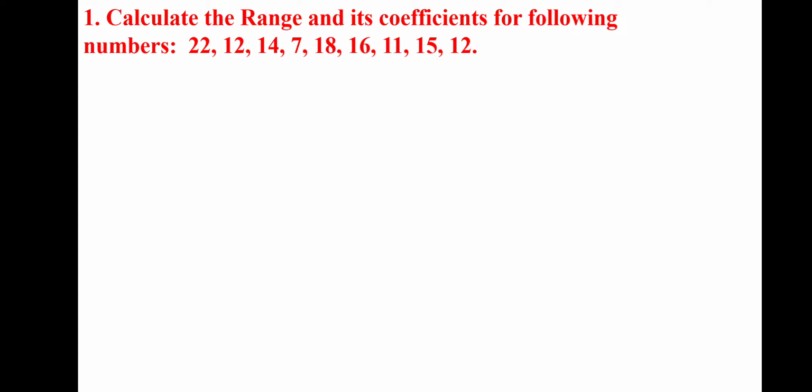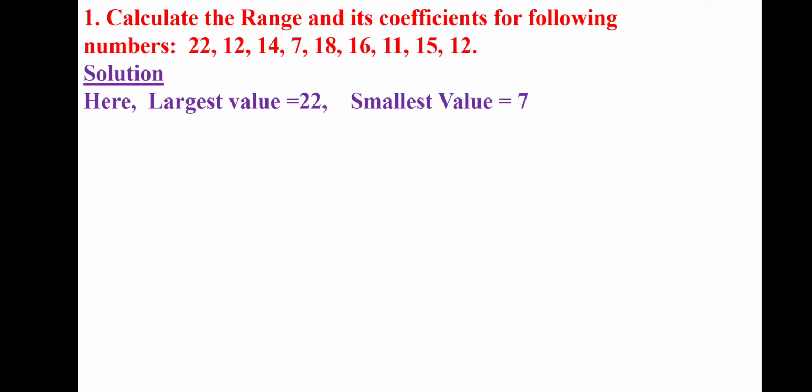Now we are going to study individual observation, range and coefficient of range. That is what we have written. Calculate the range and its coefficient. Solution. Here we first need to find the largest value and smallest value.